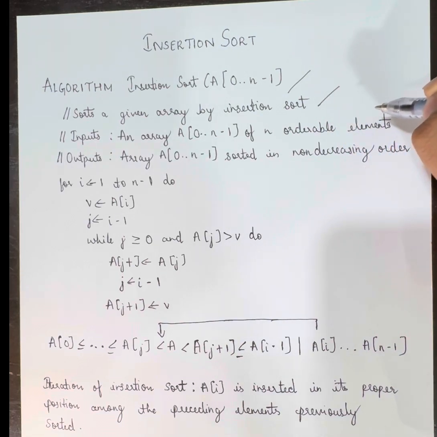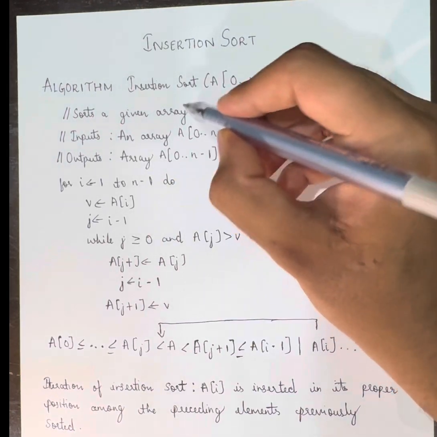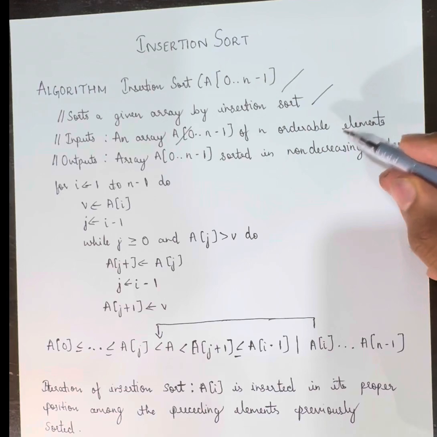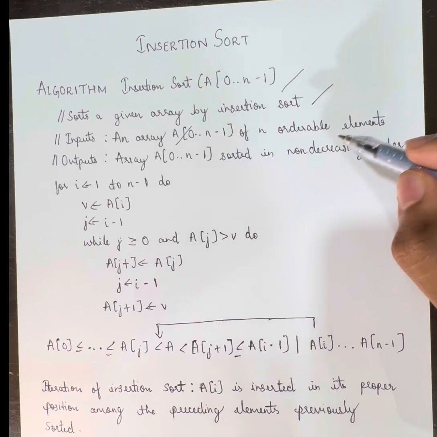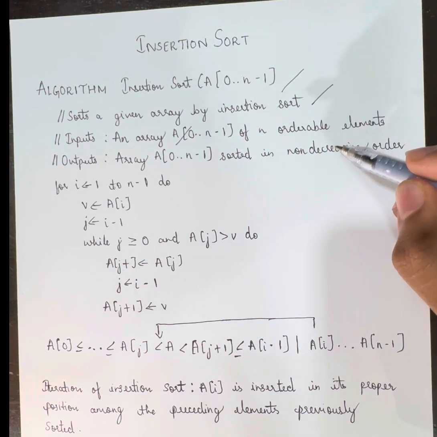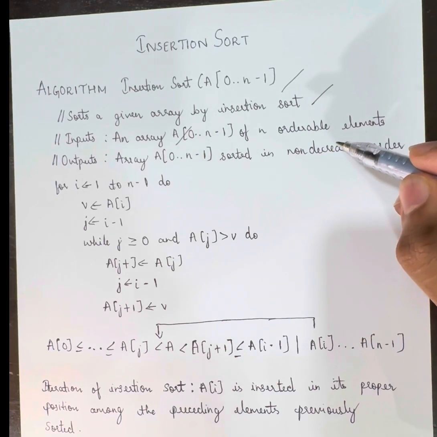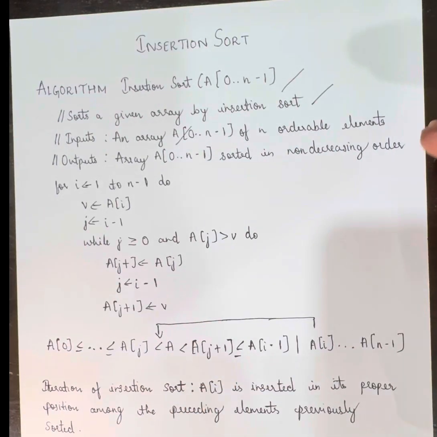Now we have the input: an array A of n orderable elements. Next, output. This tells us that the output is the same array but sorted in non-decreasing order. Each element is less than or equal to the next.